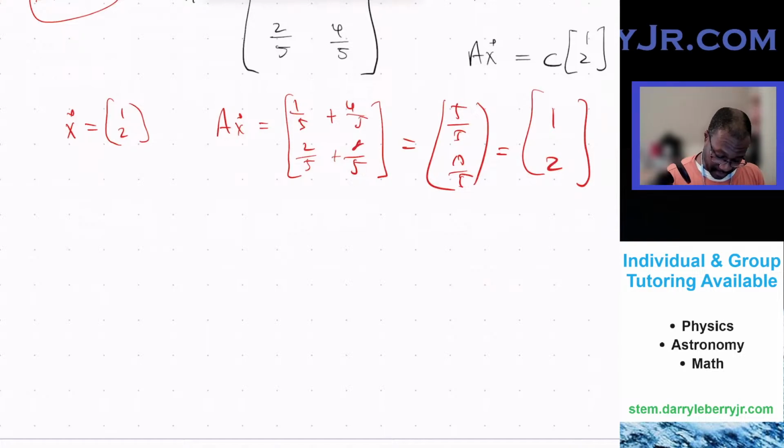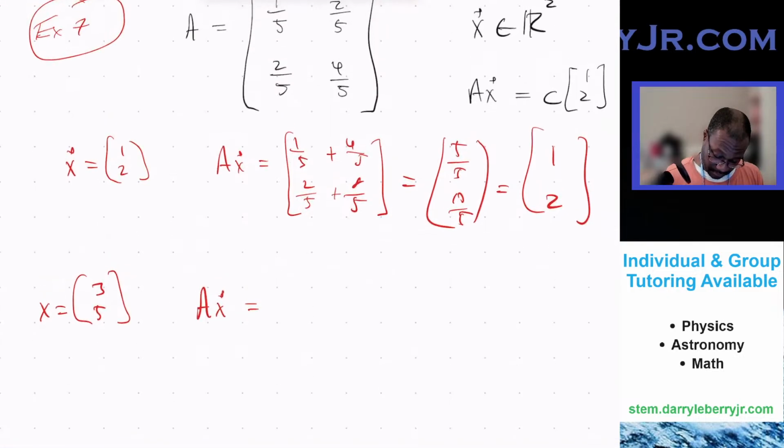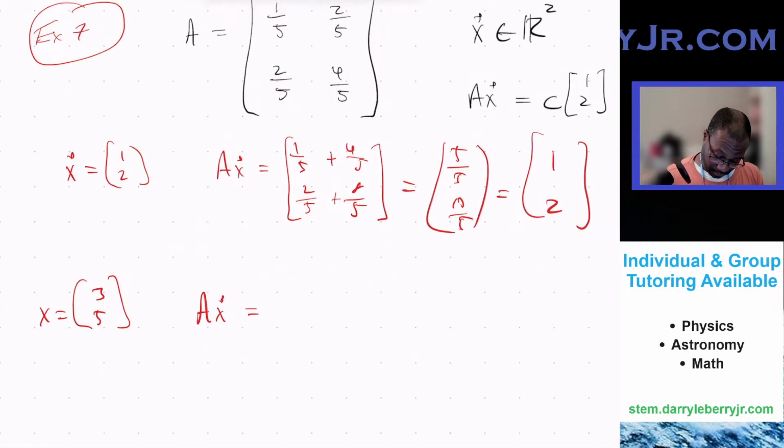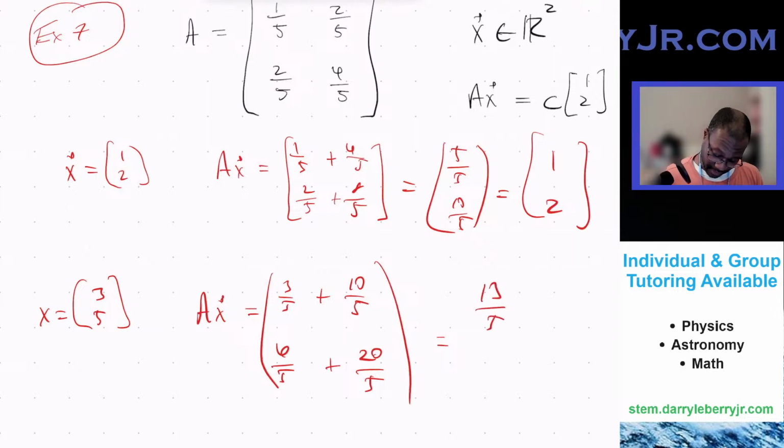And let's say we have x equals 3, 5. Ax equals 3/5 plus 10/5, and 6/5 plus 25/5. So that equals 13/5 and 26/5.